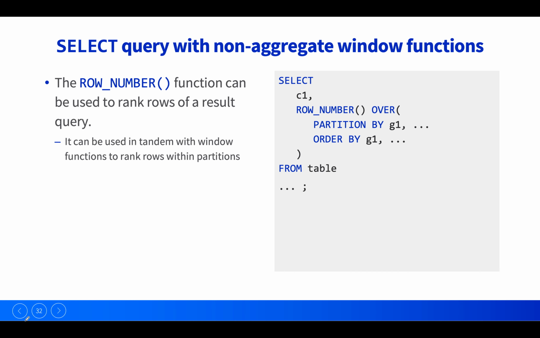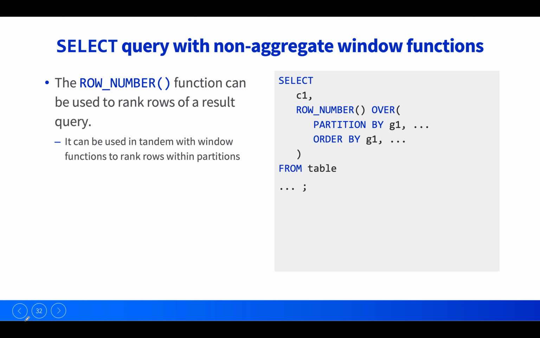Okay, the last kind of window function that we will be talking about is a special kind of function called the row number function, and we can use this particular row number function to essentially rank rows in our result set. So it can be used in tandem with window functions to rank rows within partitions.